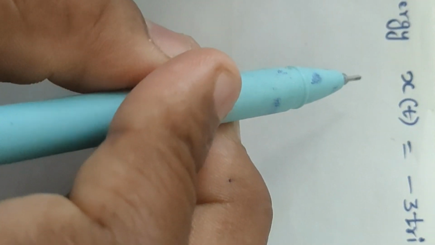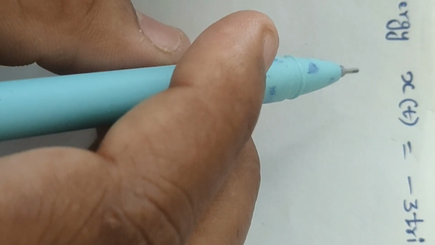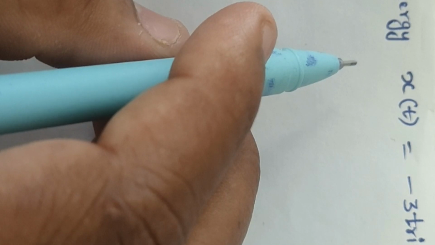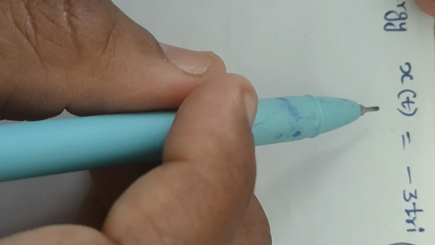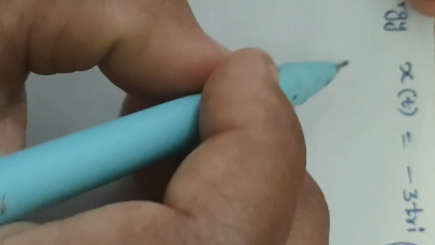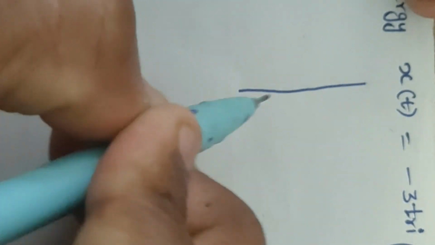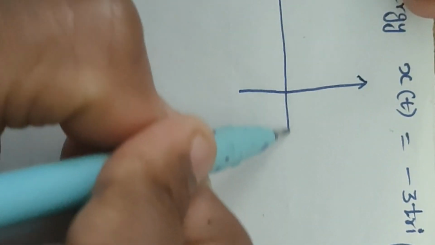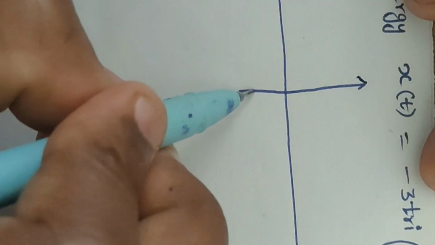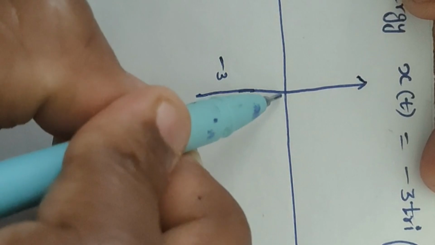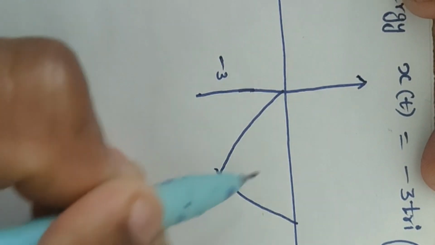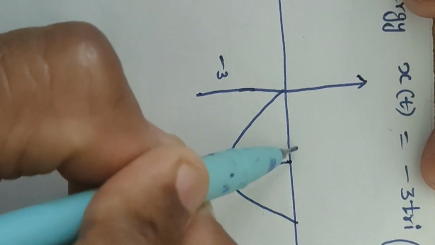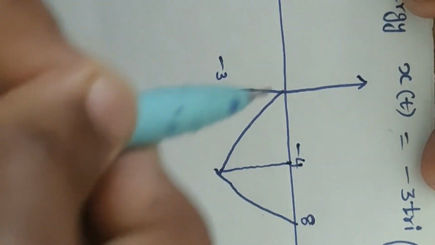In this question, he is saying to find the energy of x of t, where x of t is given as minus 3 triangle of t by 4. So here we can draw x of t. It is minus 3 from, this is minus 4 and this is the time period.